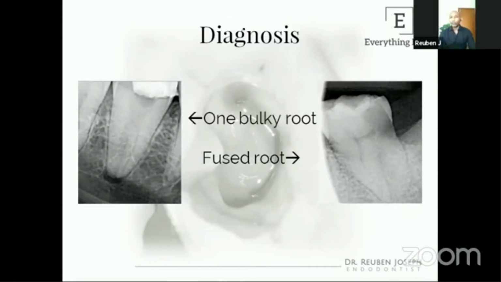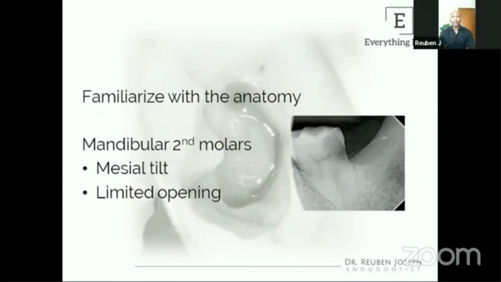The only clue you might have is a bulky root or a fused root, predominantly on a mandibular second molar. The mandibular second molar is where you will find these C-shaped canals almost always. That is as much as you need to know at this point.